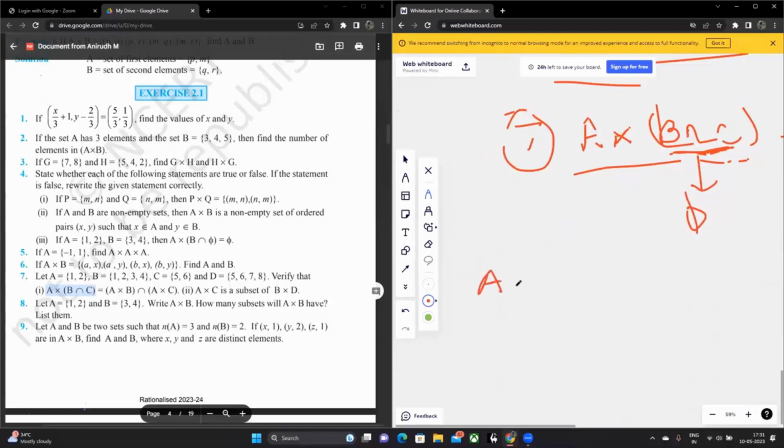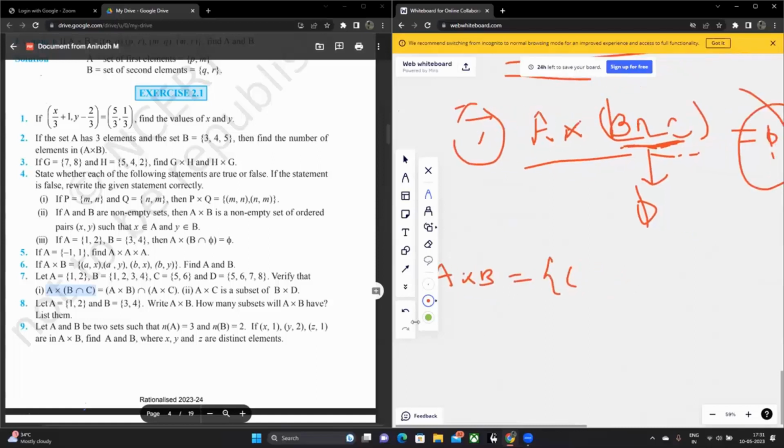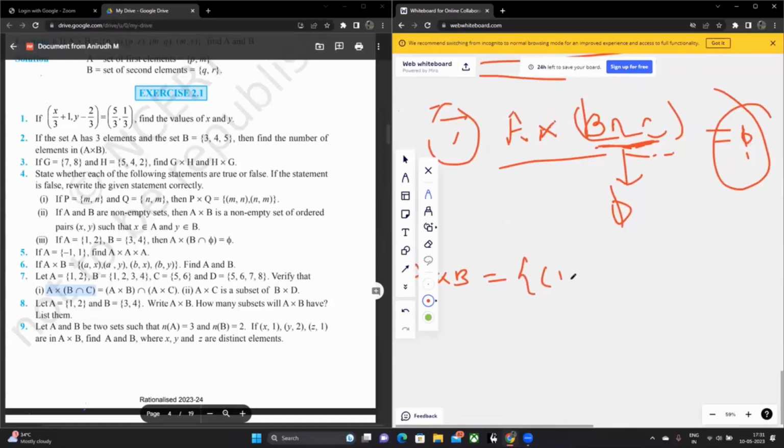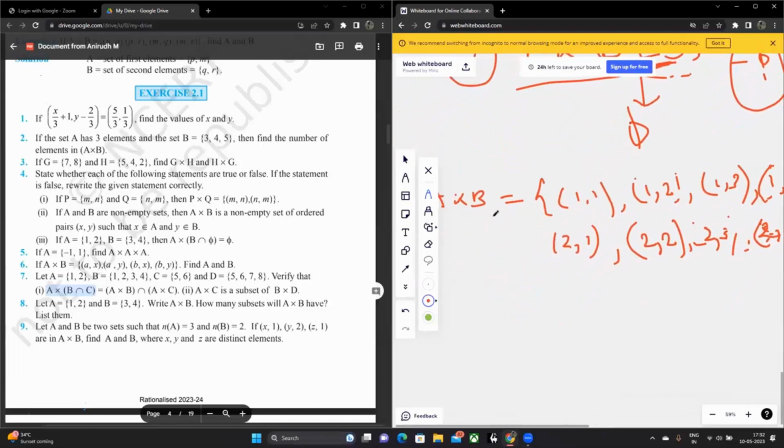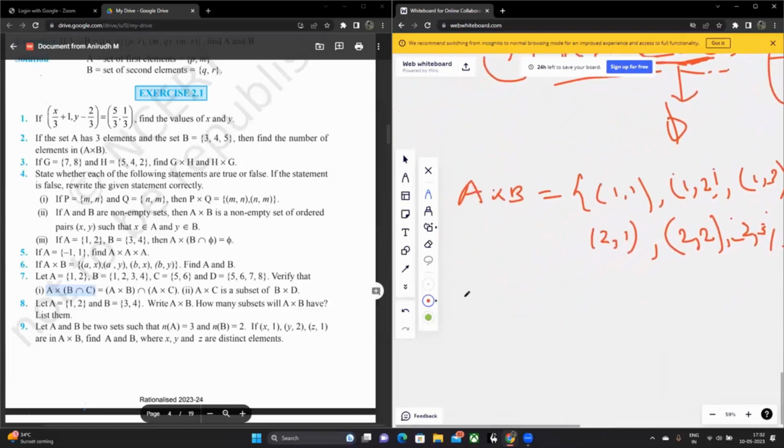We have to deal with the RHS. This A cross B, building the roster, is (1,1), (1,2), (1,3), (1,4), and (2,1), and (2,4). If any of you find a faster way to make a roster of the Cartesian product, feel free to do so, because this is just boring.